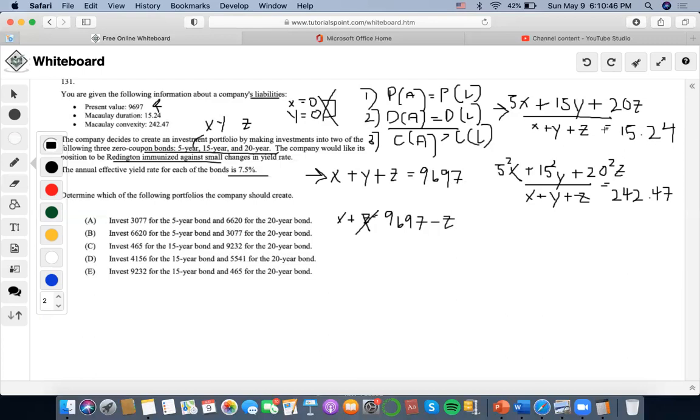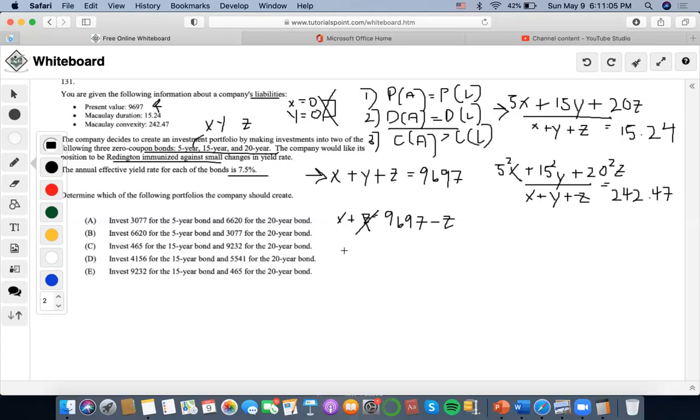To simplify, I'm going to do 9697 times 15.24, which is 147,782.28.